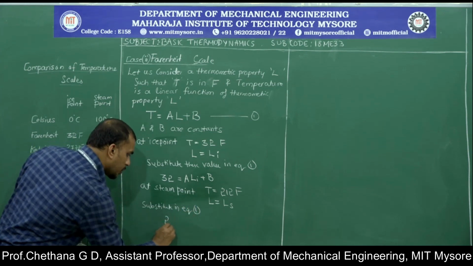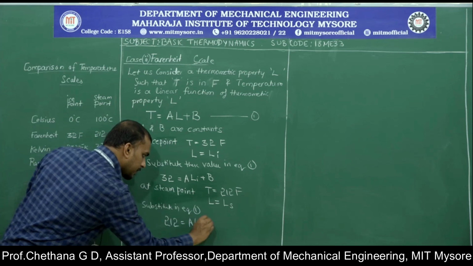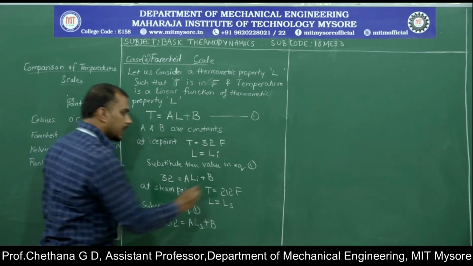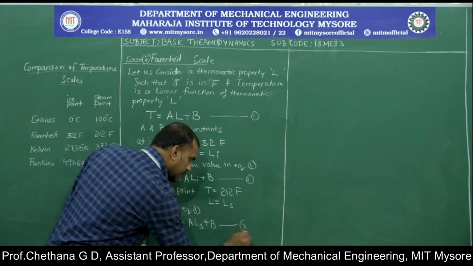What we get is 212 is equal to A Ls plus B. Call this equation 2 and the earlier one equation 3.